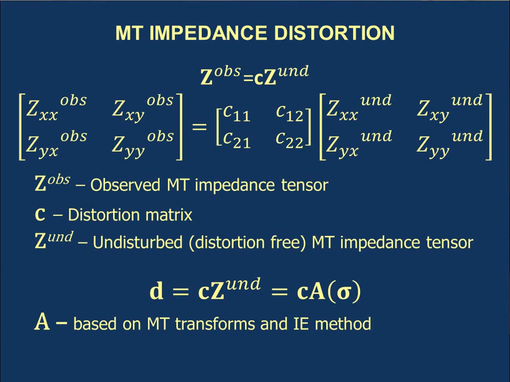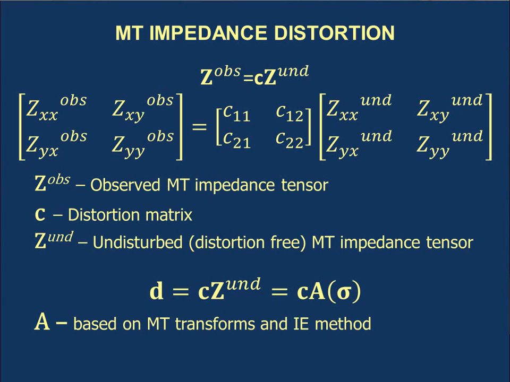And the undisturbed impedance, if we didn't have any near-surface conductivity anomalies, would be our undisturbed MT impedance. And this one we can fit pretty easily. We don't need to discretize the near surface too finely. But we always have some small inhomogeneities in the near surface, so those can be accounted for, and it's been shown in several publications, by introducing this distortion matrix.